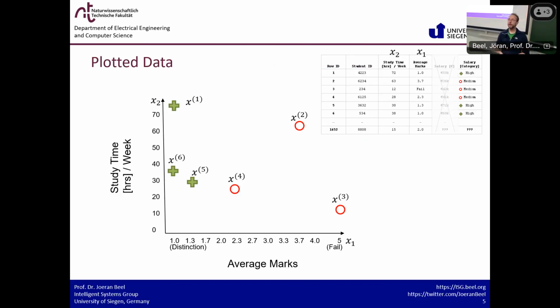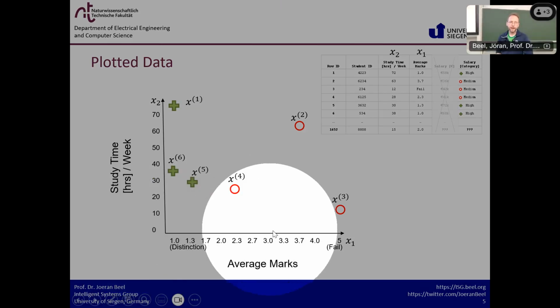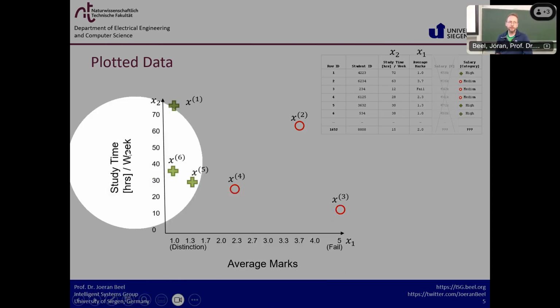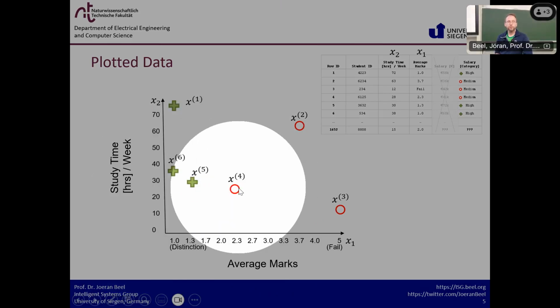This time, the target, medium or high salary, is not directly plotted as an axis, it's plotted as an icon for the instance. So we have only the independent variables on the two axes, the average marks here, the study time here.